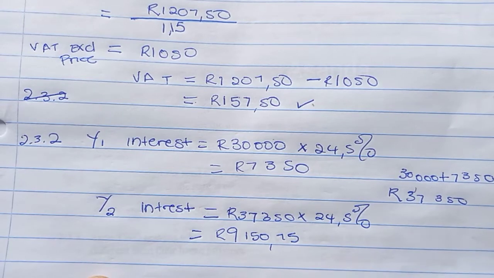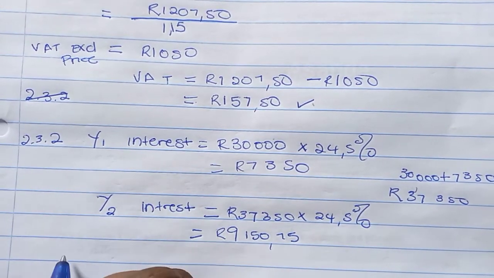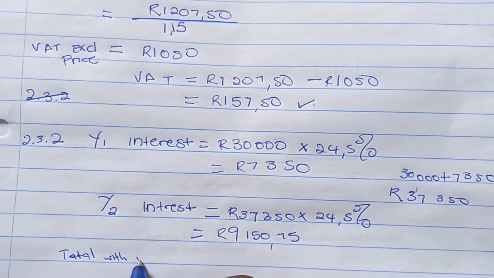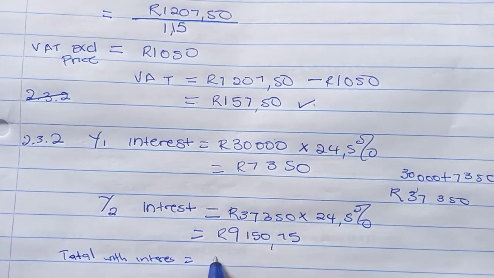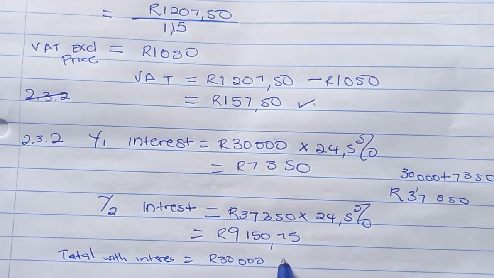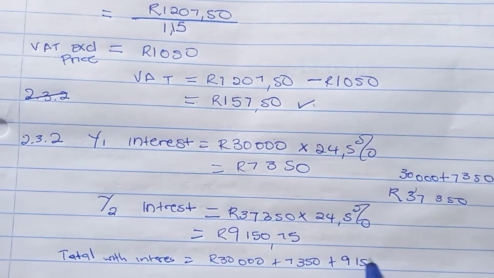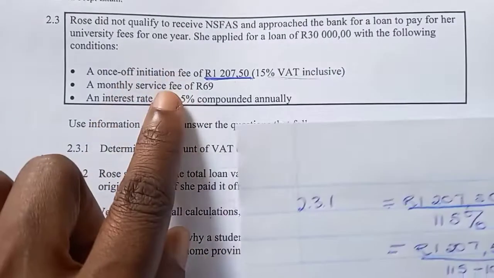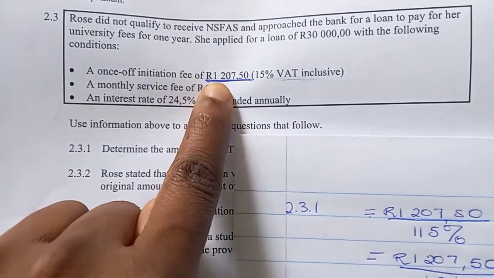Now I just need to know how much it will all be. So the total with interest is equal to 30,000 plus 7,350 plus 9,150.75. Is there anything else she pays? They're saying that there's an initiation fee of 1,207 Rand and 50 cents.